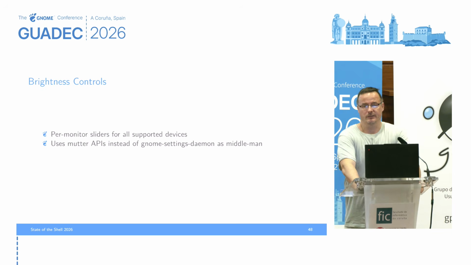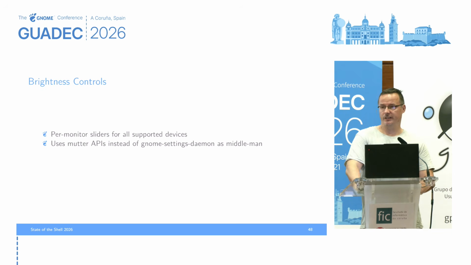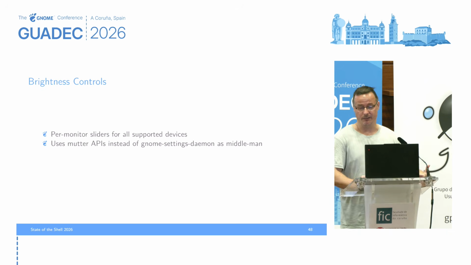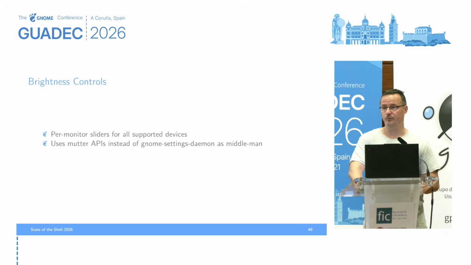This is kind of an implementation detail that doesn't round trip to the GNOME settings team anymore, but Mutter exposes the API we need to implement this directly in GNOME Shell. So this is how it is implemented. It shouldn't make a huge difference offhand, except that it makes it easier to make further improvements.